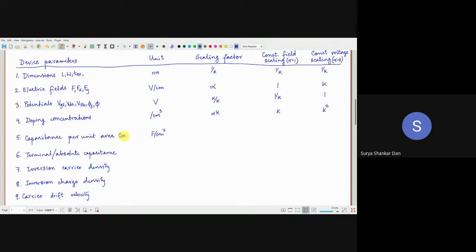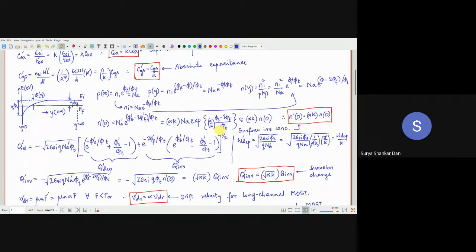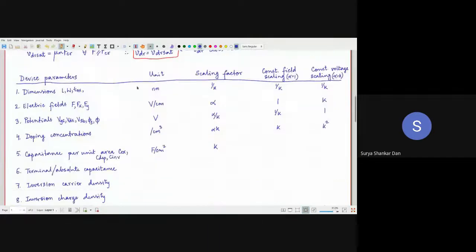Typically Cox, C depletion, and let us say C inversion. These quantities are simply scaling by K as we saw here, K into Cox. So again it remains K, whether it is constant field scaling or constant voltage scaling.